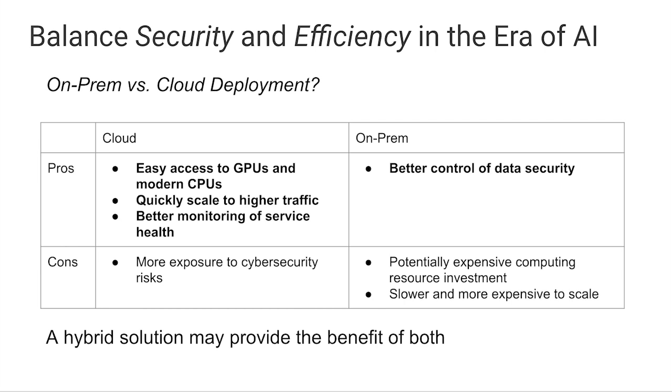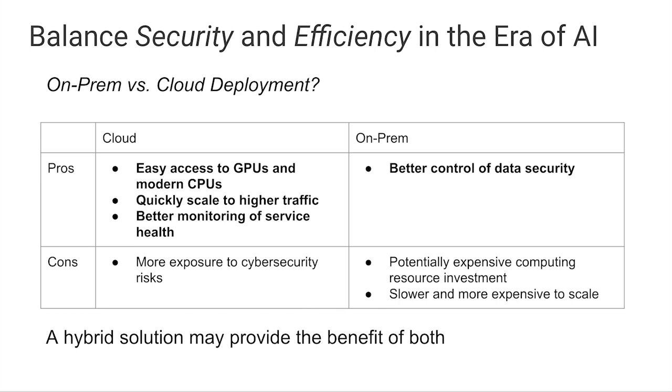On the other hand, if you put your app completely on-prem, you do have better control of your data security, but not necessarily better security, because you still need to be security aware in order to prevent any kind of attacks. On the flip side, for on-prem solutions, you have potentially expensive computing resources that you have to purchase in addition to whatever you have right now.